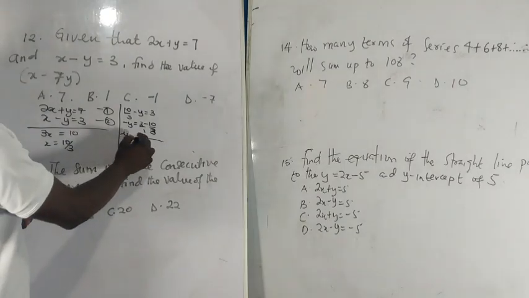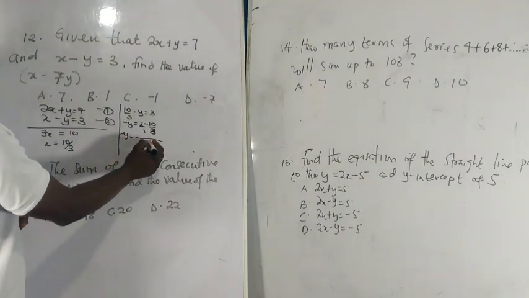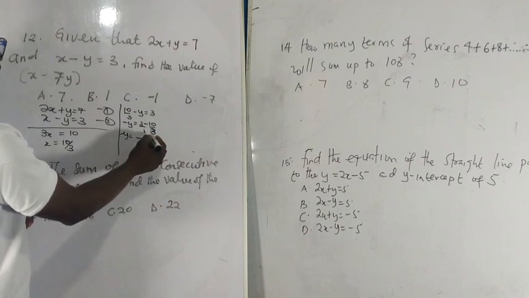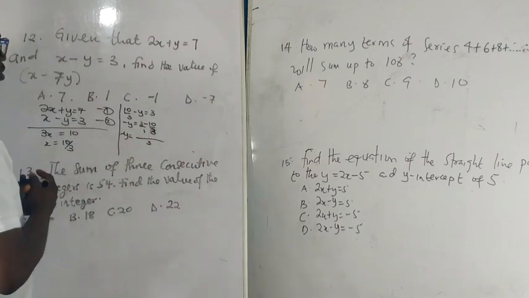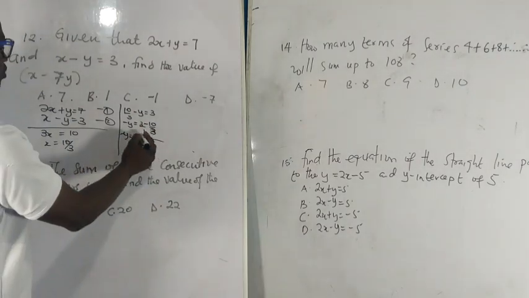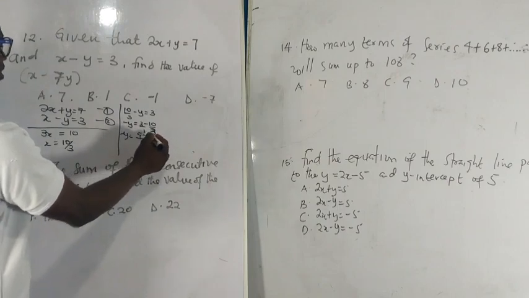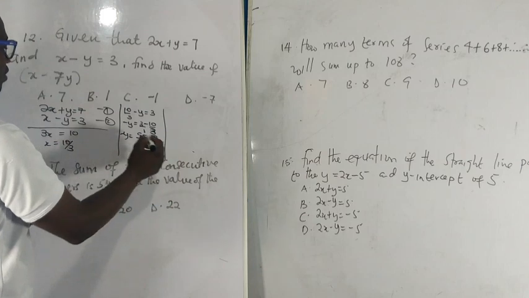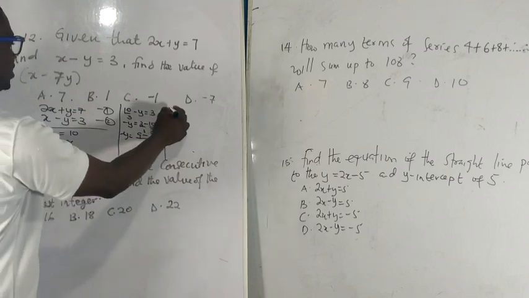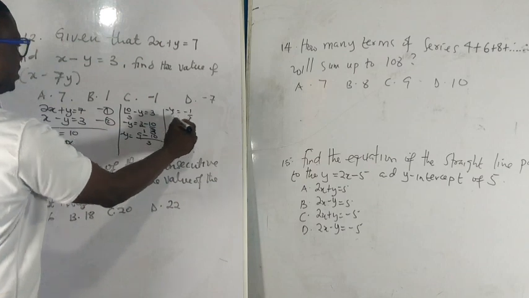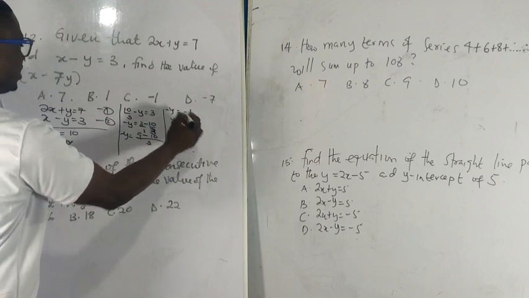So minus y is equal to, we have LCM to be 3. And then let's multiply this side by that. We are going to have 3 times 3 is going to be 9, and then minus 1 times 10 is going to be minus 10. So simplifying, you have minus y is equal to minus 1 over 3, and we have y is equal to 1 over 3.